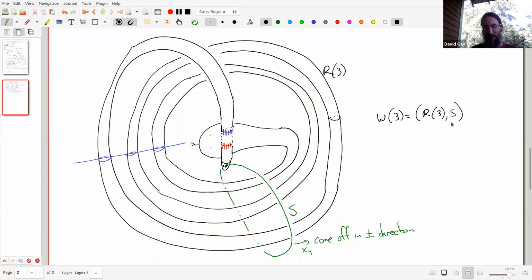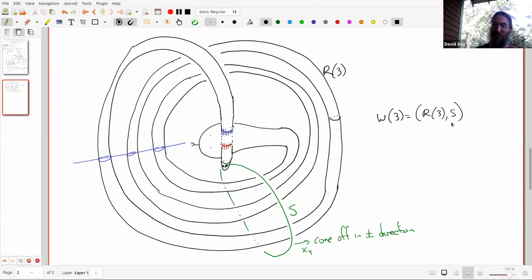I mean, if you don't twist at all, you just get the standard unknotted pair, which would be like the spin of an unknotted arc. But I don't know. That's a good question. But I have reason to believe.